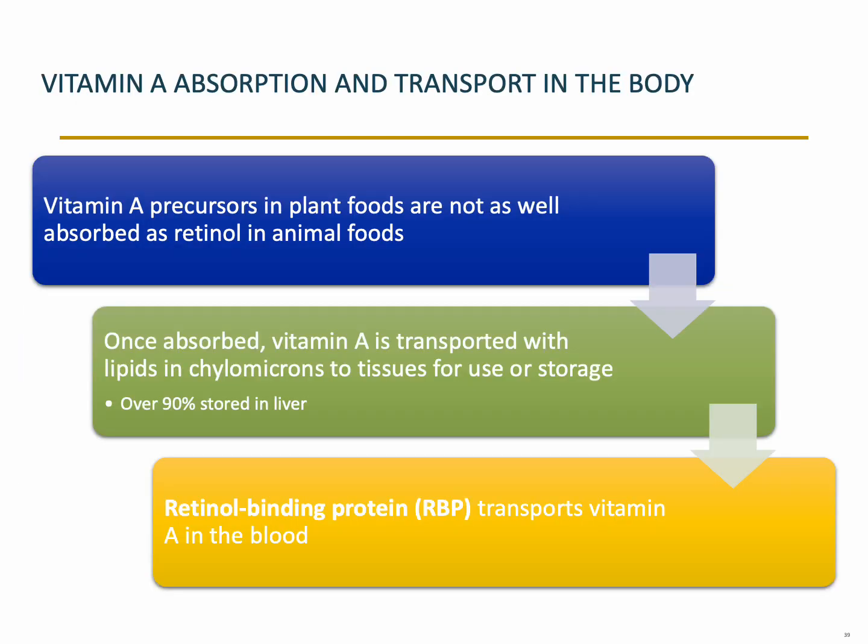So as we get that vitamin A into our body, it's a lot like dietary fats in that it is transported in chylomicrons. Remember the chylomicrons, those lipoproteins that float around through our lymph tissue. And that's how the vitamin A gets around in the body.